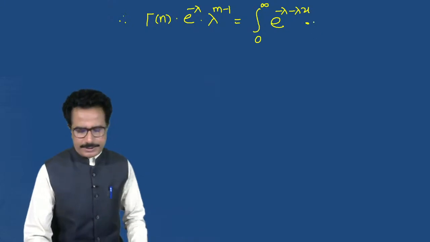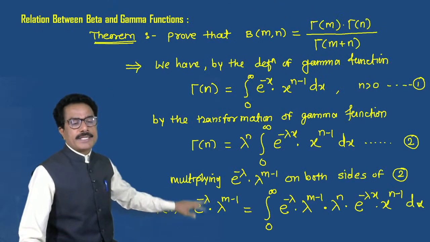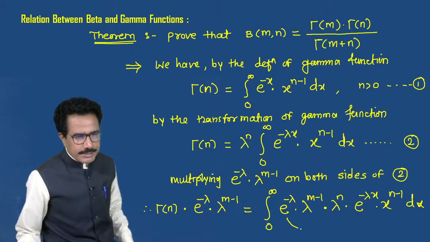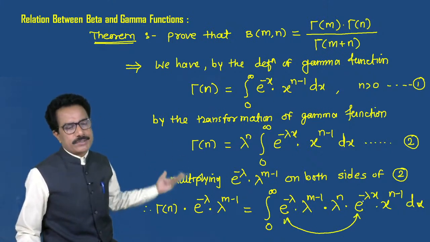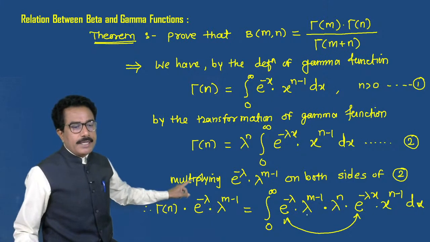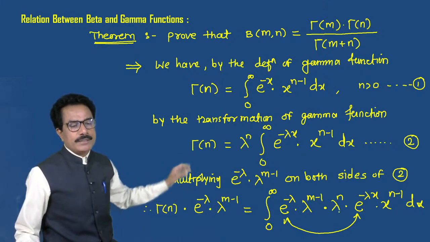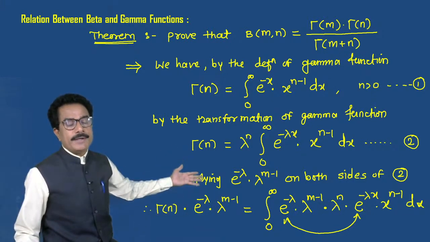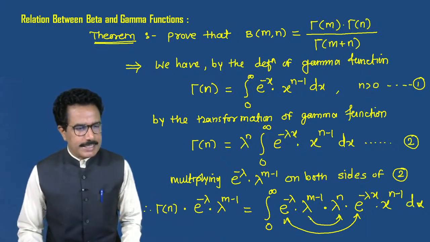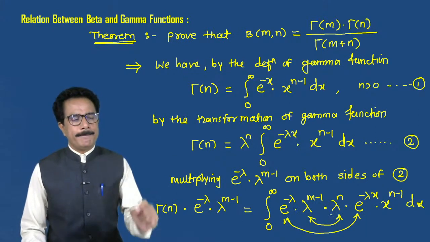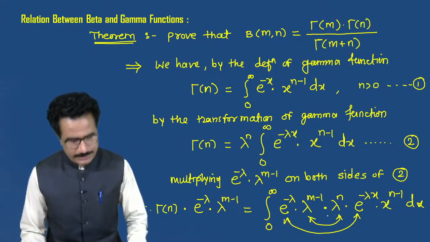There is a product, e raised to minus lambda and e raised to minus lambda x. So we can take this as e raised to minus lambda minus lambda x. Again lambda raised to m minus 1, lambda raised to n. So we can write these two terms as lambda raised to m plus n minus 1.